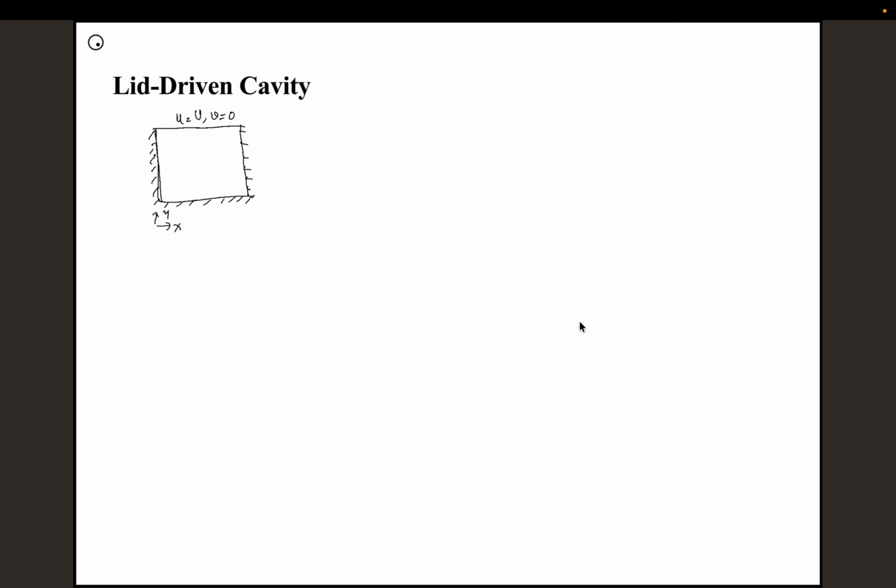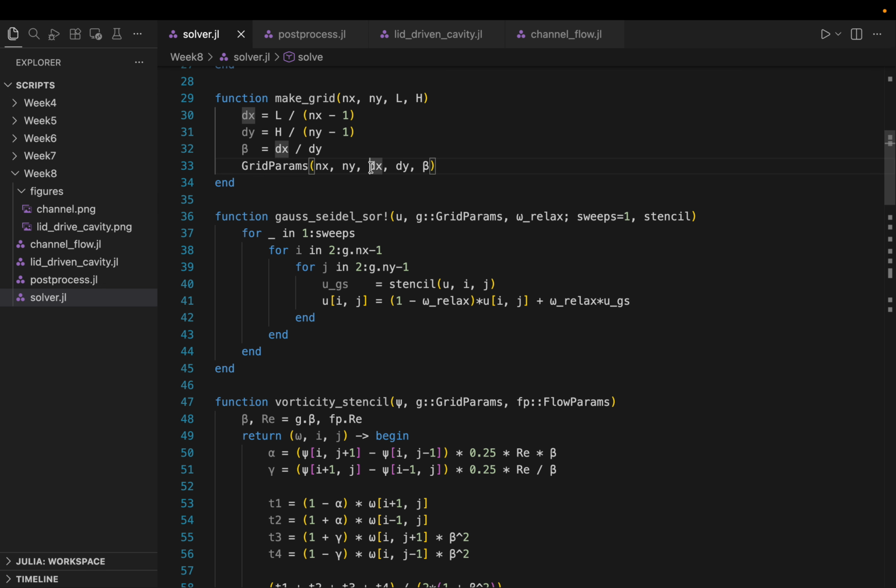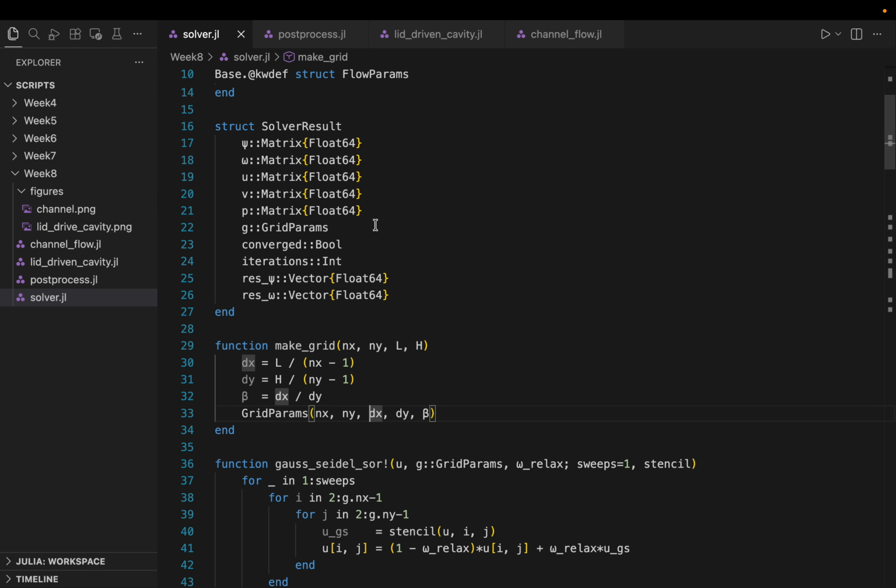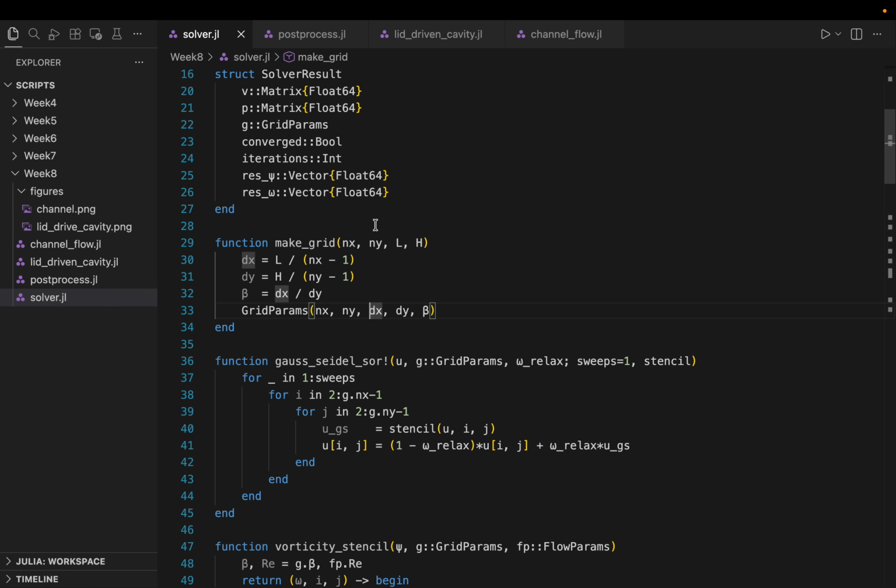This is my x, this is my y. The governing equations are straightforward. So let me just go to the code part. You can see how to implement this, if my screen is visible.